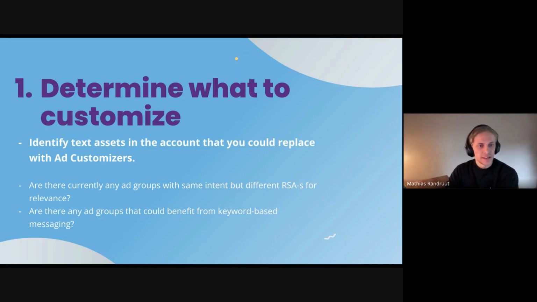An even more common case likely is that you have an ad group that could benefit from keyword-based messaging. And in those ad groups, we're targeting multiple keywords with slight variations. Keyword-specific messaging can significantly boost ad relevance. And by identifying those opportunities in our account, we can basically see where we can add those placeholders, where it would be beneficial, and what would be our ad customizer strategy.